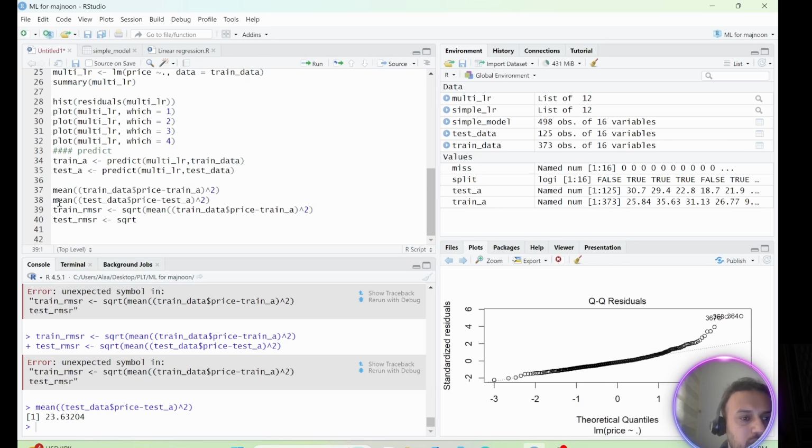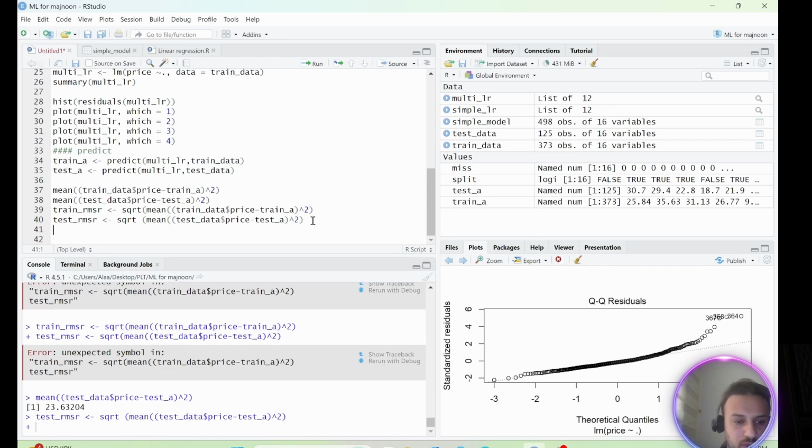Okay, equal to test RMS, this is our mean, and we just have to close it from here, and here we go. Now if you check the train root mean square error, where is the root mean square error?